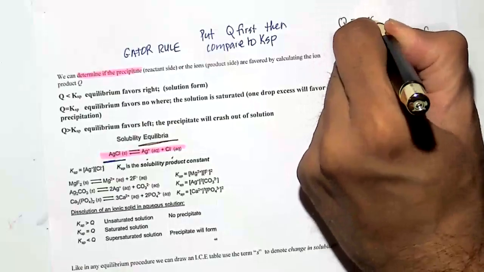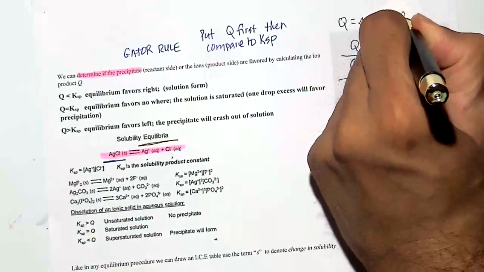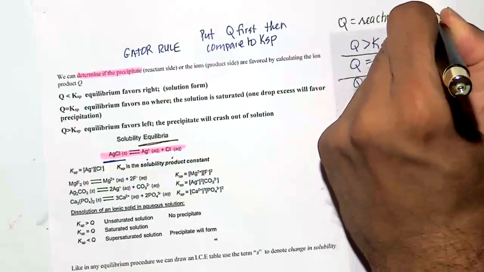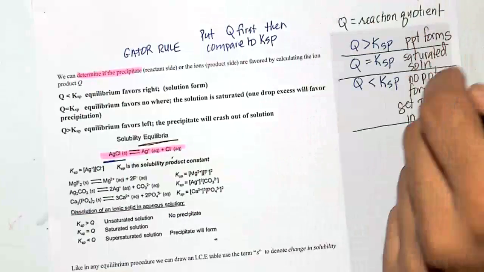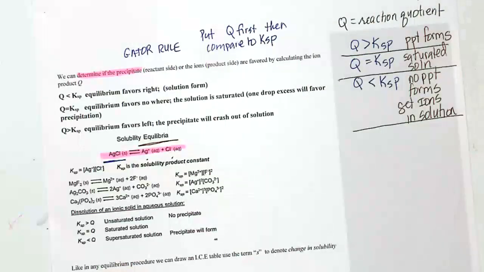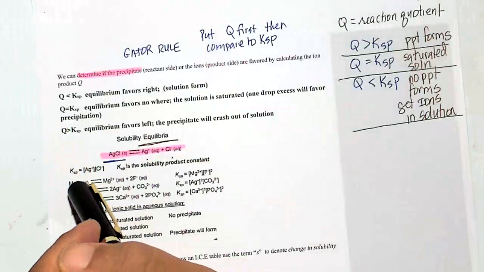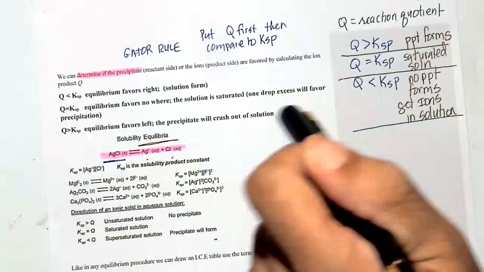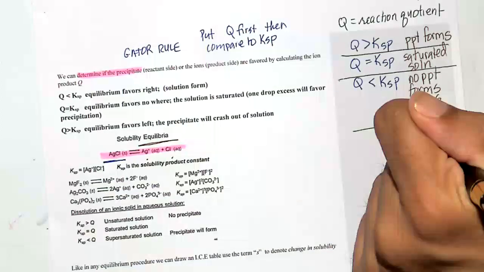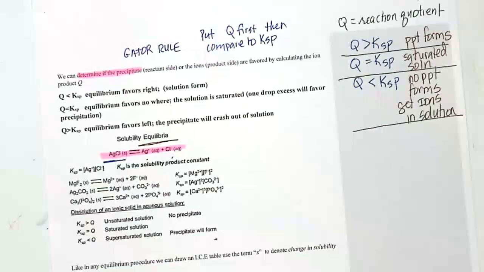Q, if you remember, is called the reaction quotient. We use Q to compare to KSP to determine whether the reaction will form a precipitate, the solid, or whether it will not form the solid. That's all it does.